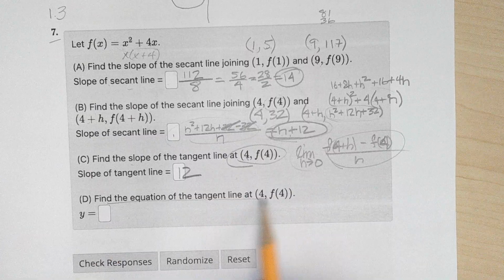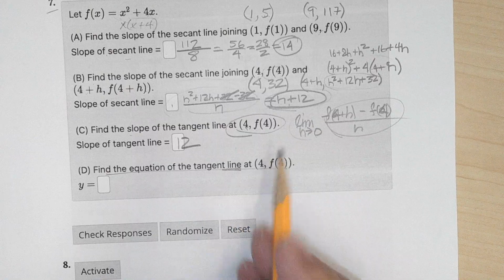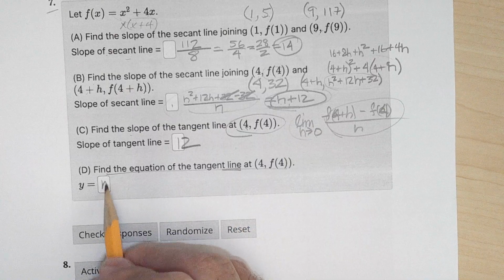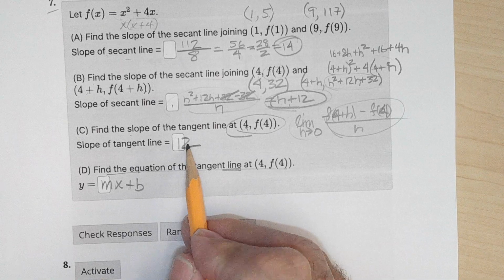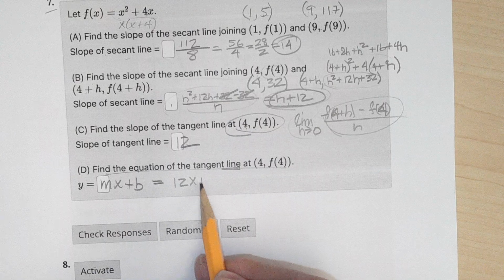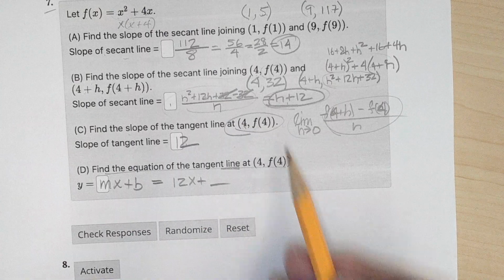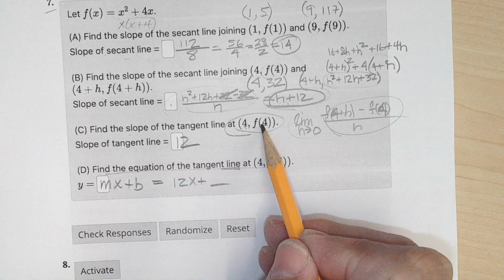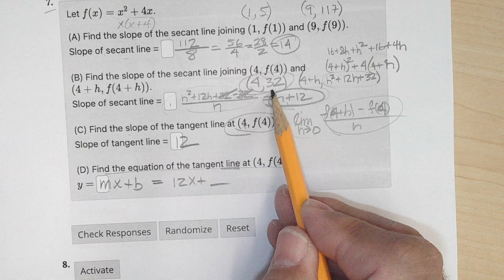And then it says find the equation of the tangent line. The tangent is a line, so it's y equals mx plus b. We just found out the slope is 12, so it's 12x plus something. And it's got to go through the point 4, f of 4, which is 4, 32.